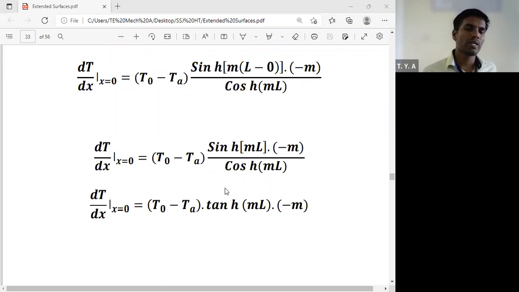Whatever the value of dt by dx at x is equal to 0, we have to put that value into the equation of q fin. What is the equation of q fin? Minus k into a into dt by dx at x is equal to 0.